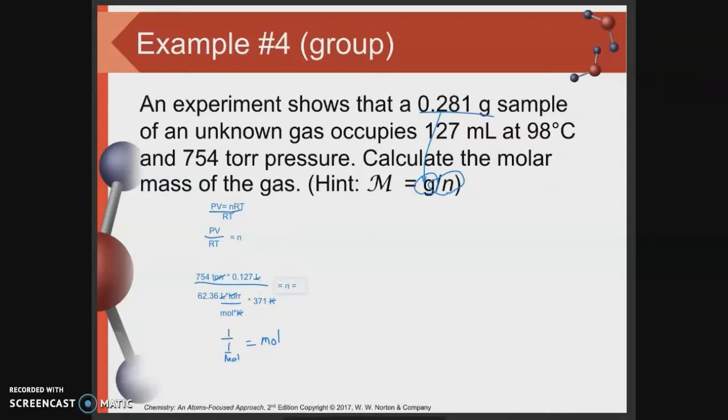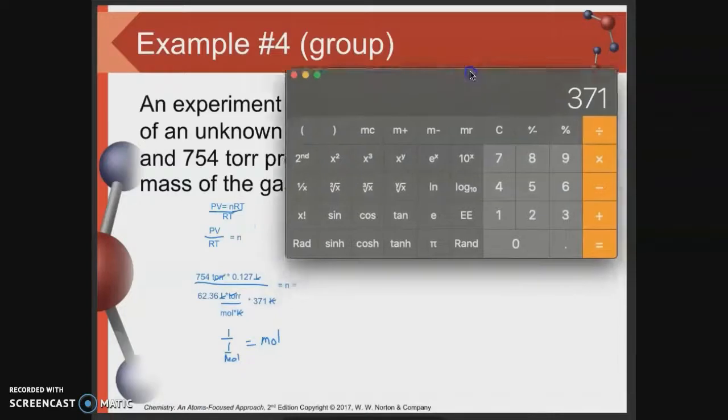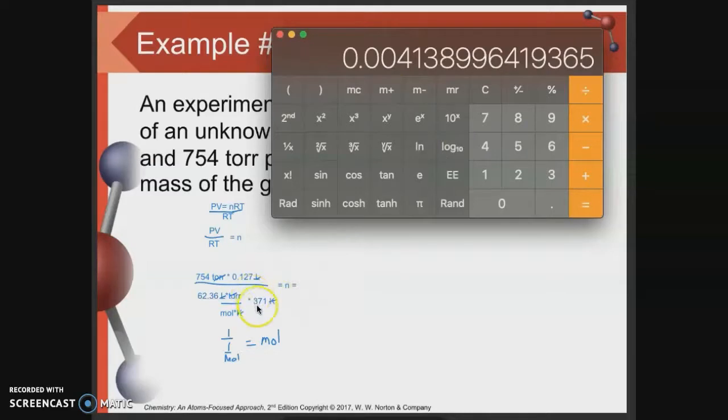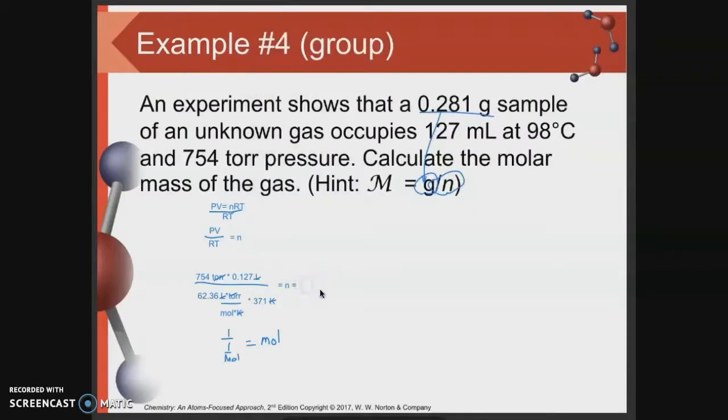And if we do the calculations, 754 multiplied by 0.127 divided by 62.36 divided by 371, we get, to three significant figures, 0.00414 moles of this gas.